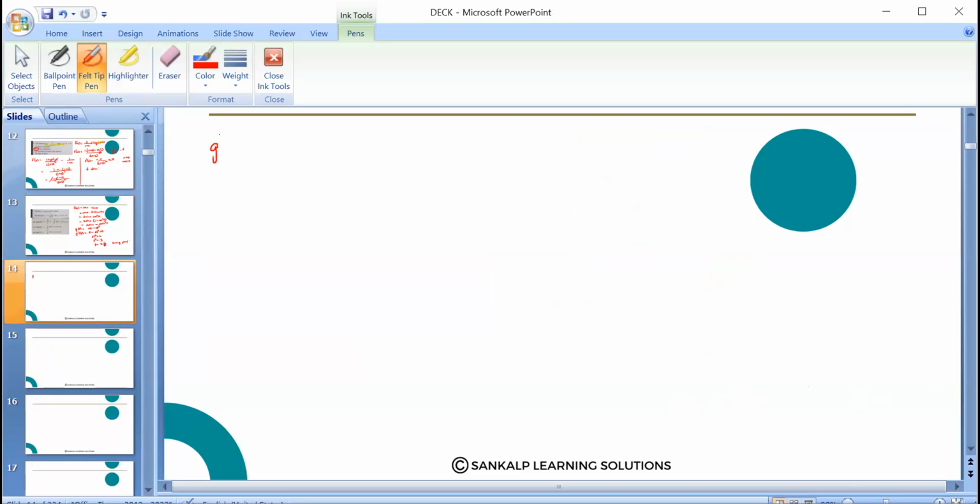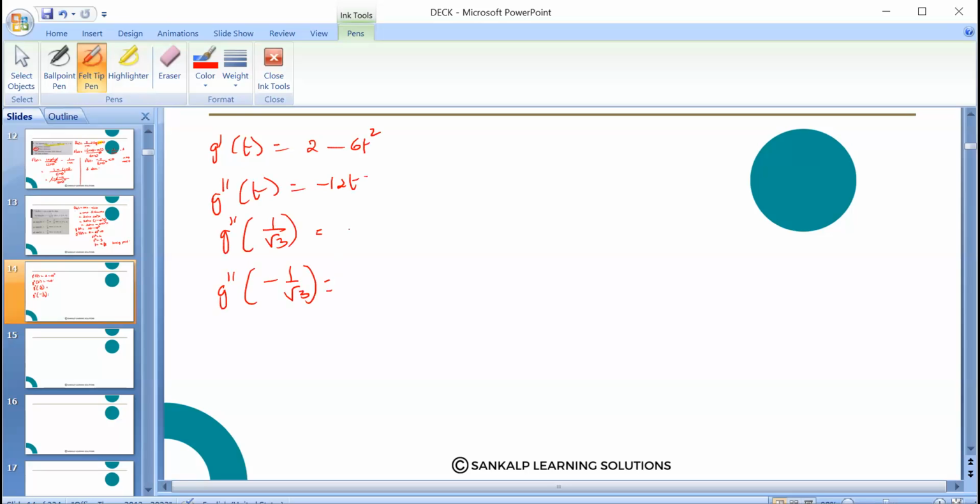Now, because g dash t is 2 minus 6t square, g double dash t will be minus 12t. When you put t as 1 by root 3 and minus 1 by root 3 in g double dash, for 1 by root 3 we will get negative, and for minus 1 by root 3 we will get positive.